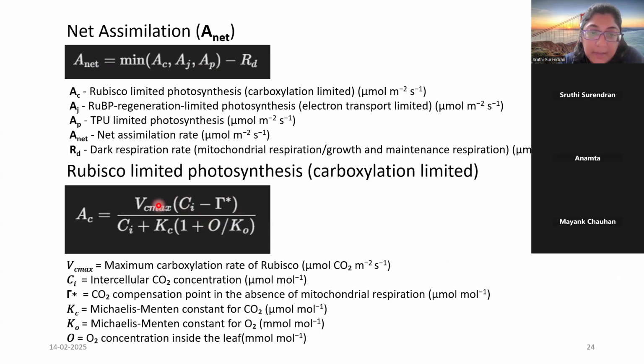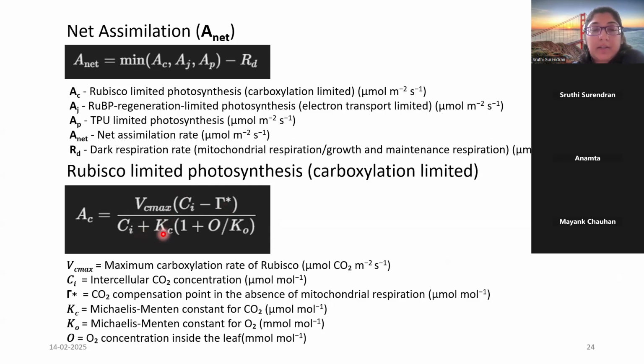Vcmax is the maximum carboxylation rate of Rubisco. Ci is the intercellular carbon dioxide concentration. Tau star is the compensation point, which is basically the carbon dioxide concentration at which the net carbon dioxide uptake will be 0. And Kc is the Michaelis-Menten constant for carbon dioxide.